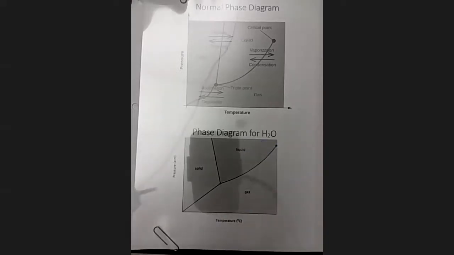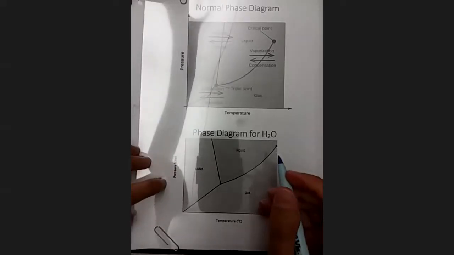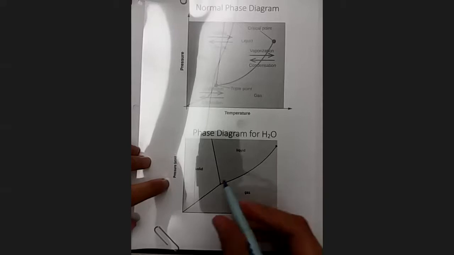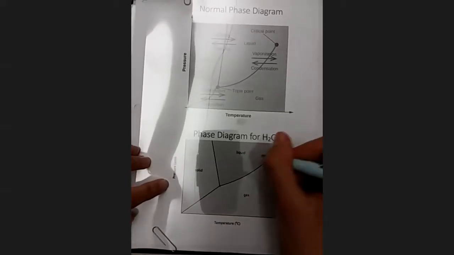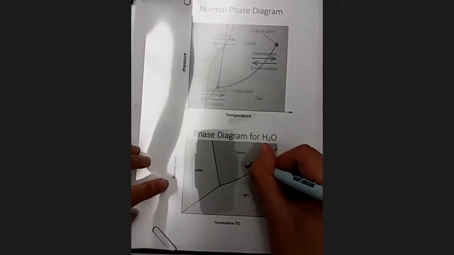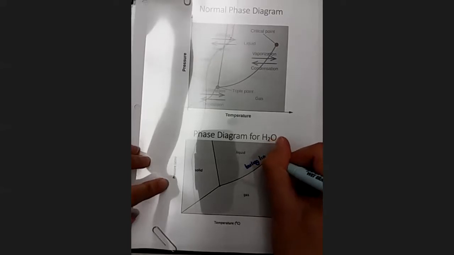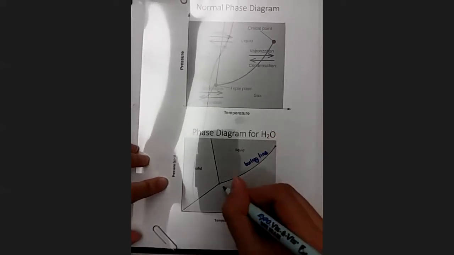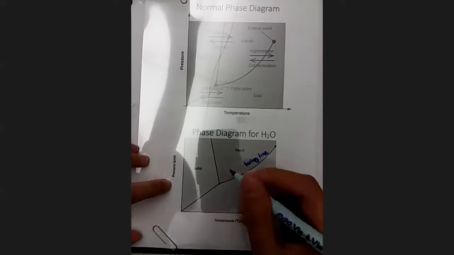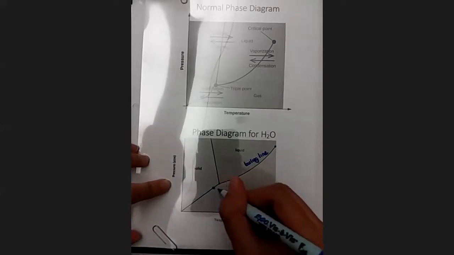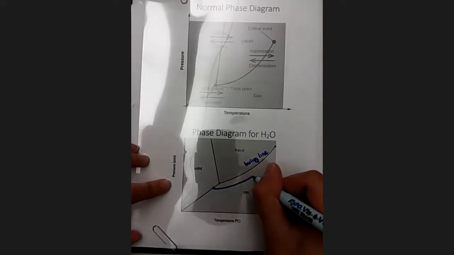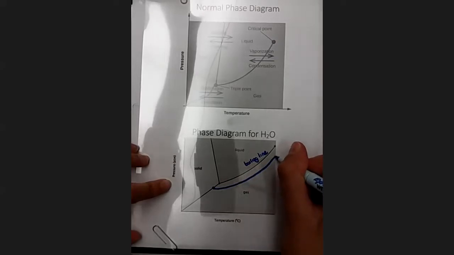So if we want to look at the elevation, what we're going to do is shift this line, right? This is the boiling line. We're going to shift the boiling line down ever so slightly. So we'll put the new point where it hits here, and we'll draw it a little bit lower.